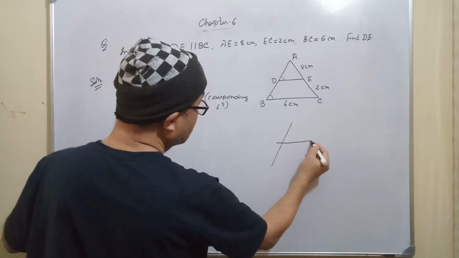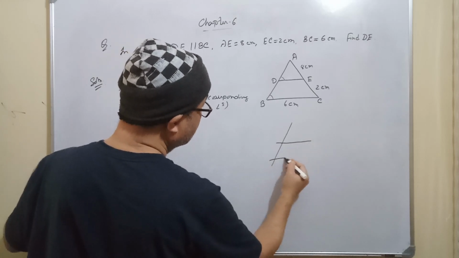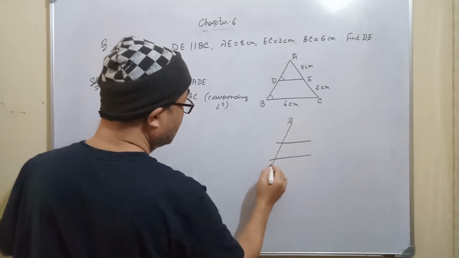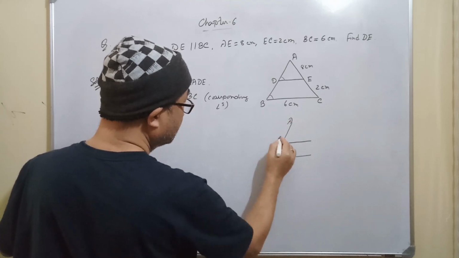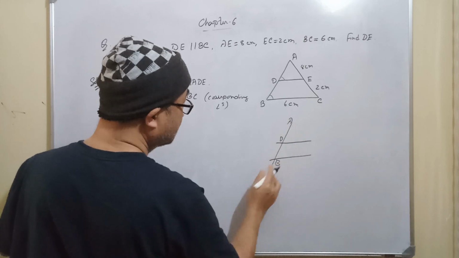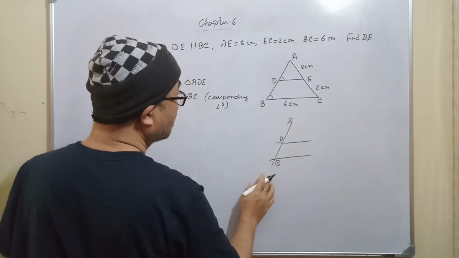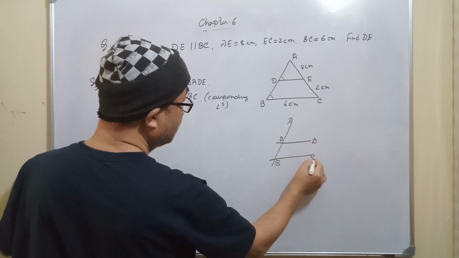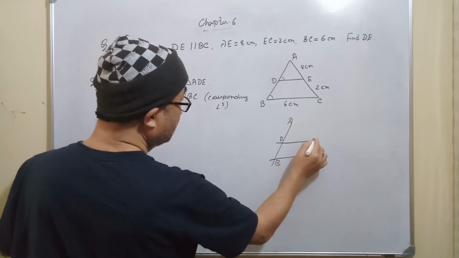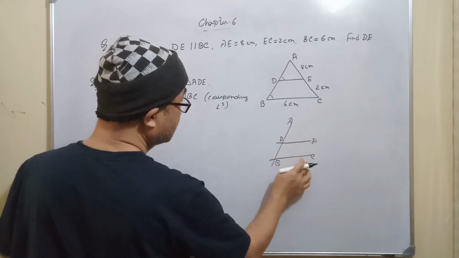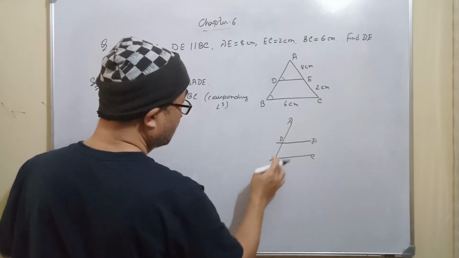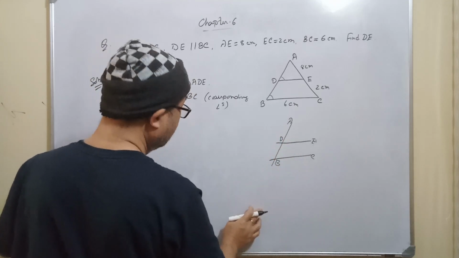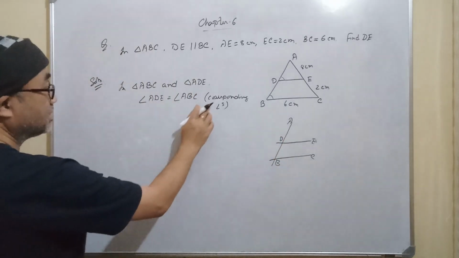If you extend DE and BC like this, suppose this is A, this is B, this is D. So AB is the transversal which cuts these two lines, DE and BC. So the corresponding angles are equal, right? So that is the reason.